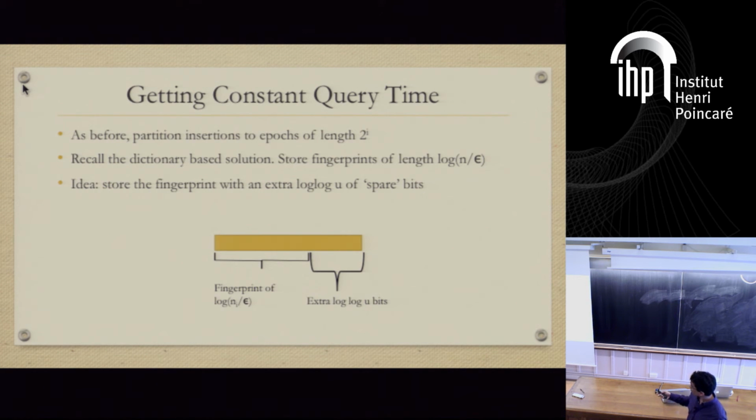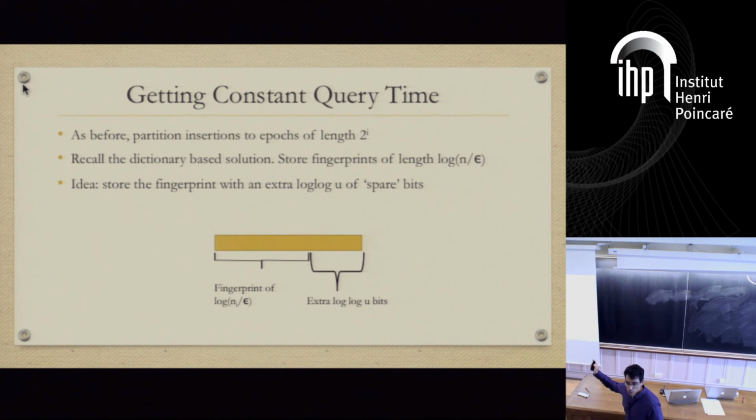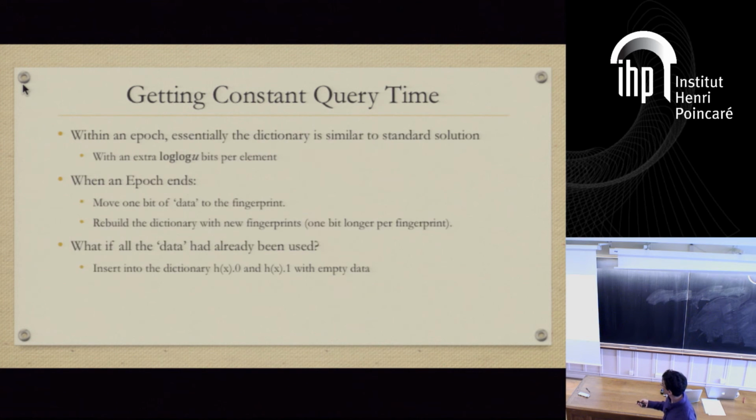But the key thing is that for now, let's say we are in this epoch. We have not moved to the next epoch yet because no new items have arrived. We have the complete standard dictionary-based data structure that we described previously. So given a query, we just search for this signature. Now why did we have the extra space?